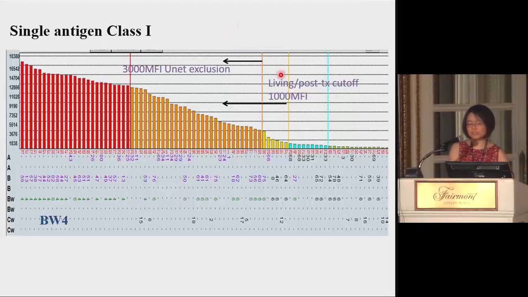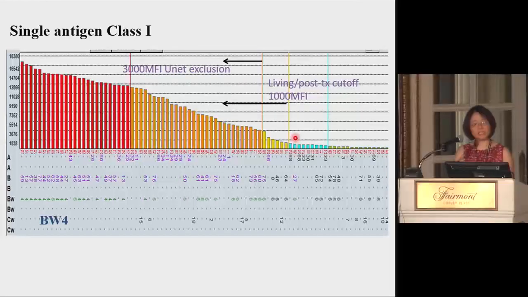But as you can see, some people are pushing the envelope a little bit and thinking maybe we should look and see if we should use lower MFI cutoffs so that we're giving our recipients the best kidneys available, okay? But the problem is we don't really know if these low-level antibodies, even if they're DSA, truly do affect graft outcome. We really don't know what the cutoff is in terms of using this, as I said, semi-quantitative assay.